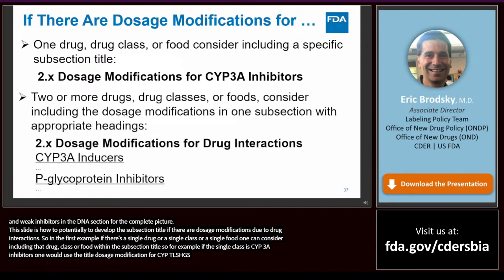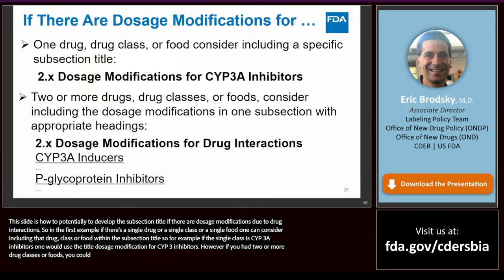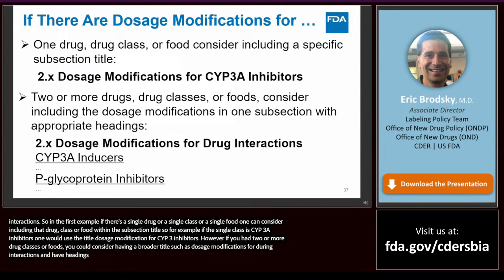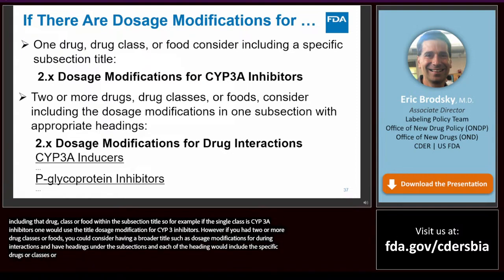However, if you have two or more drugs, drug classes, or foods, you can consider having a broader title, such as dosage modifications for drug interactions, and have headings under that subsection, and each of the headings would include the specific drugs, classes, or foods for which there are dosage modifications.